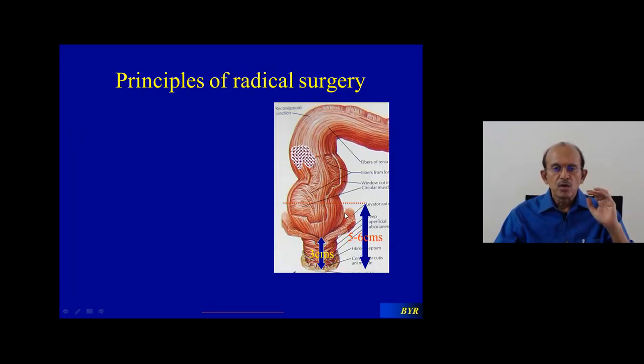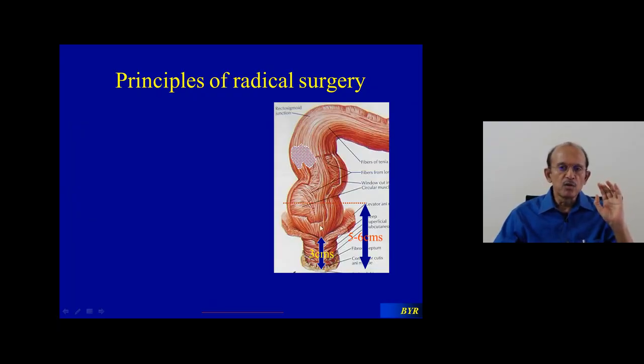So the lower 1/3, middle 1/3, and upper 1/3 of the rectum and the sigmoid along with the mesentery of the sigmoid up to the inferior mesenteric artery is removed. Now you anastomose the descending colon to the anal canal directly. That is for middle 1/3 tumors.